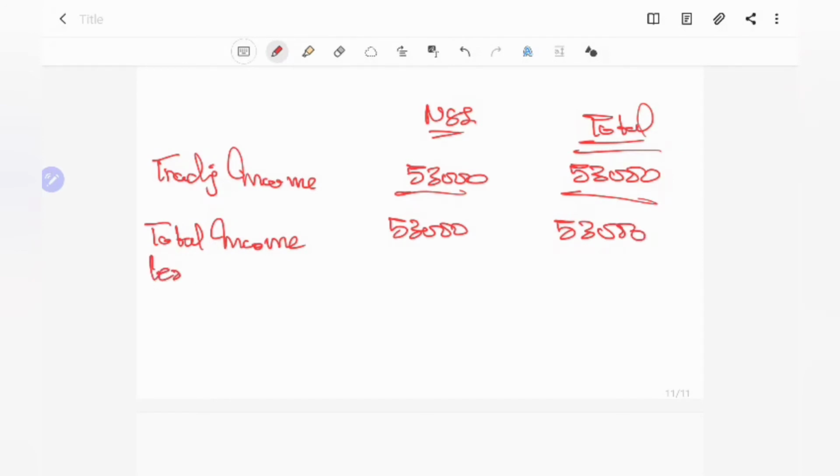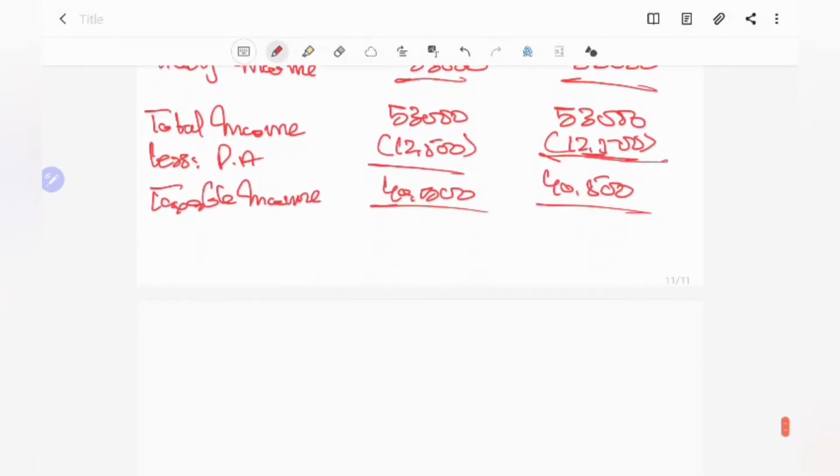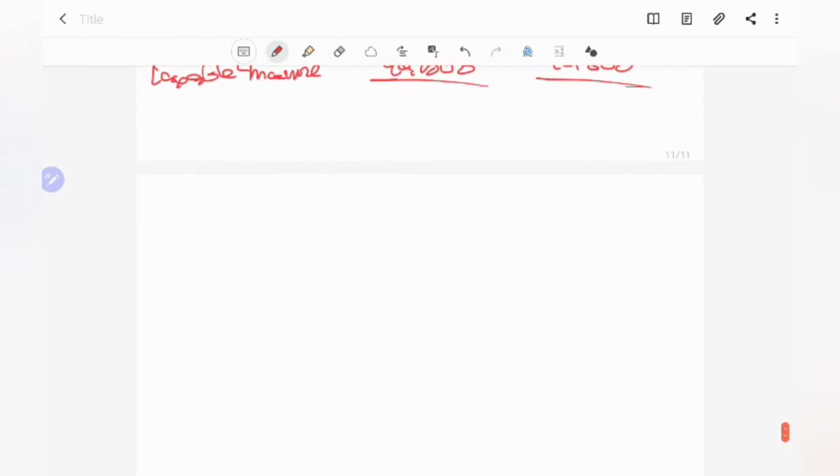My personal allowance is fully available, 12,500. What's the taxable income? My taxable income is 40,500. Then I have tax calculations.